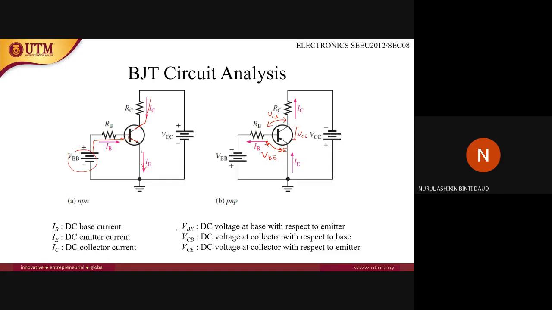So please get used to this: VBE, VCB, VCE, and IB, IE, IC. I think IB, IE, IC is okay, but VBE, VCB, VCE might be confusing, so be careful. And VCC is the external voltage at the collector, and VBB is the external voltage at the base.